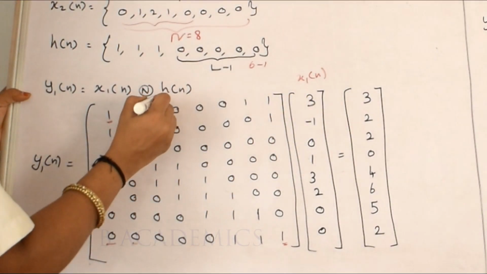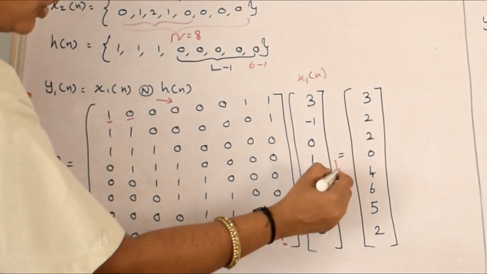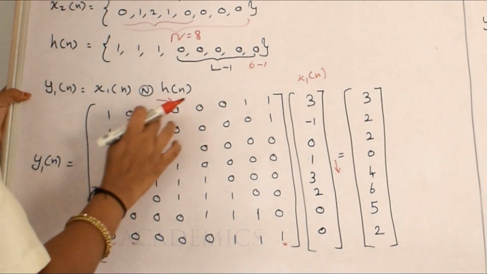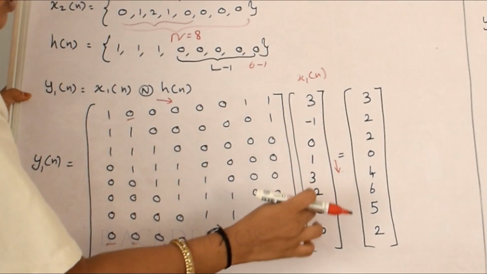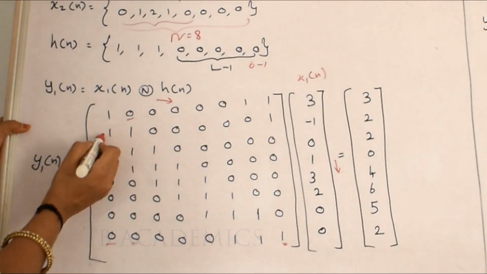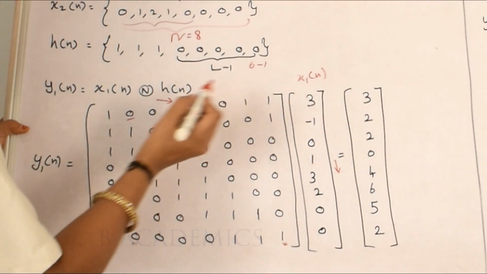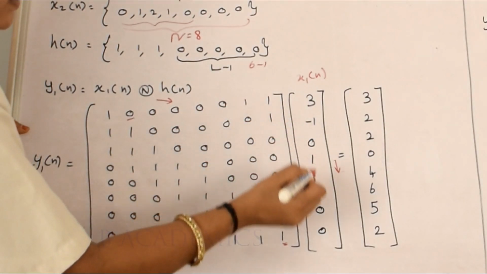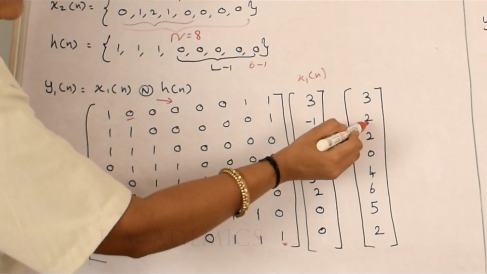Now I am going to perform row wise multiplication into column wise. So 1 into 3, 3. The remaining 5 elements are 0 and the last elements are 0. So I am getting 3. The next row, 1 into 3, 3. 1 into minus 1, minus 1. So the rest of the elements are 0. So 3 minus 1 gives you 2.